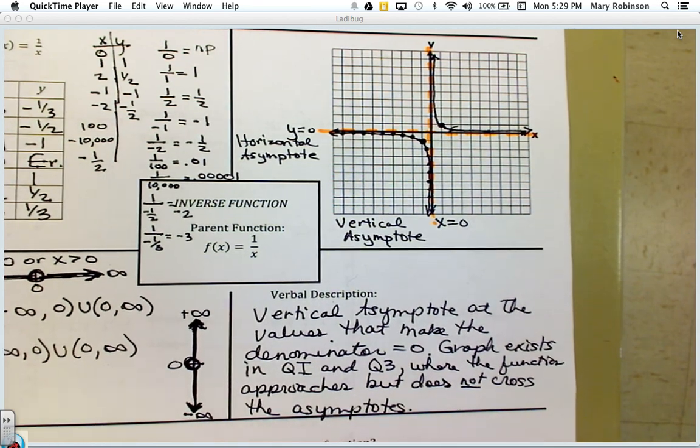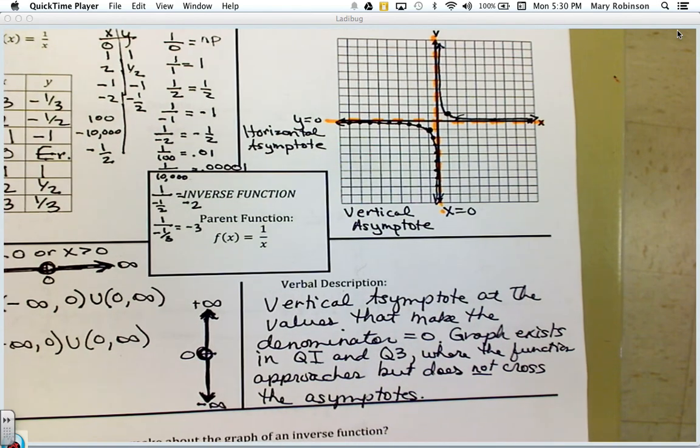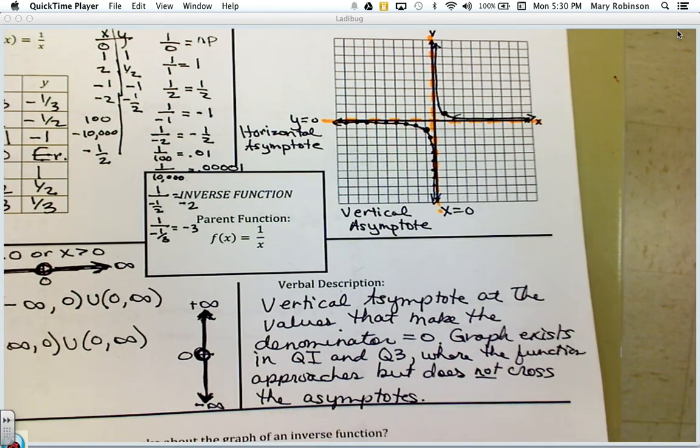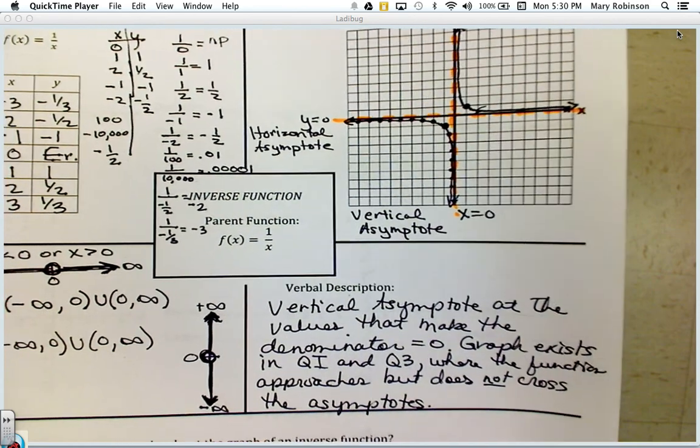Okay, the function will approach but not cross the asymptotes. So hit pause if you need to get all that down, but I'm going to move on.